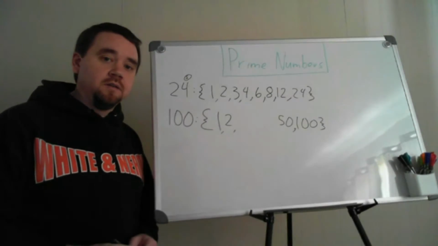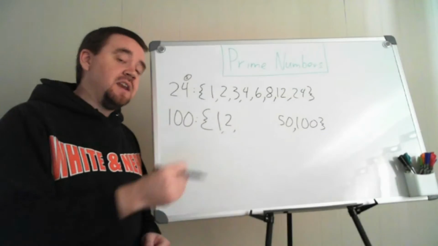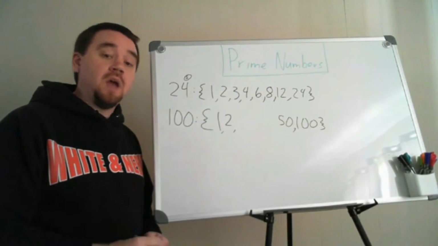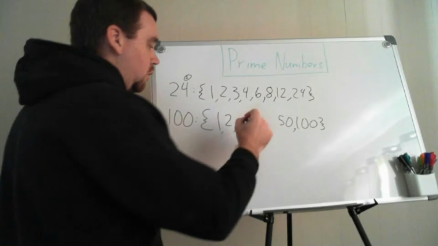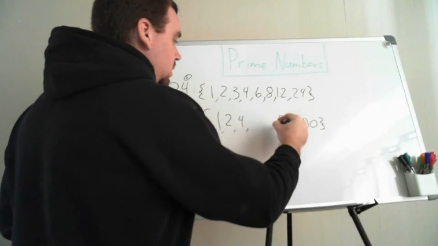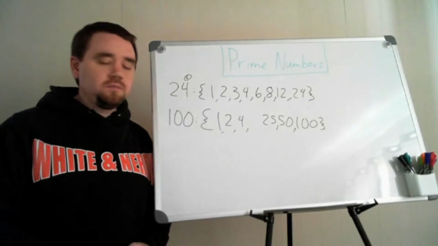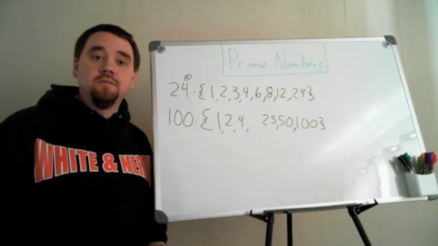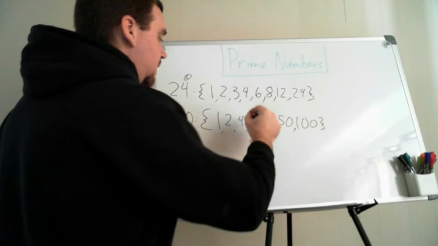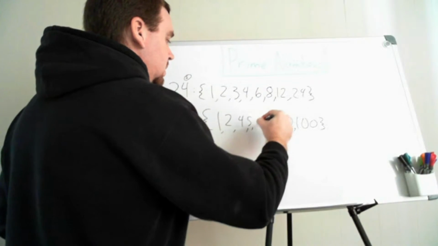Is 3 a factor? No, 3 goes into 99 and into 102, so not 100. How about 4? Yes, 4 times 25. How about 5? Sure is. 5 and 20.